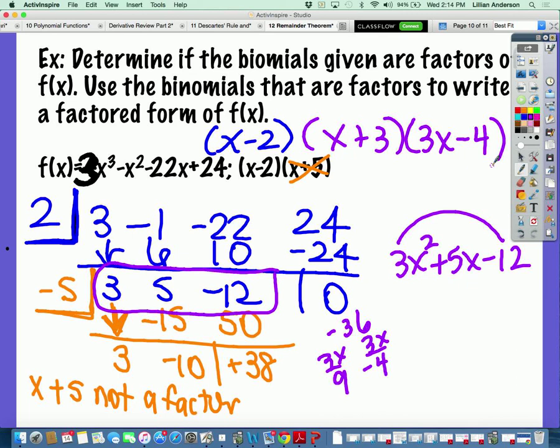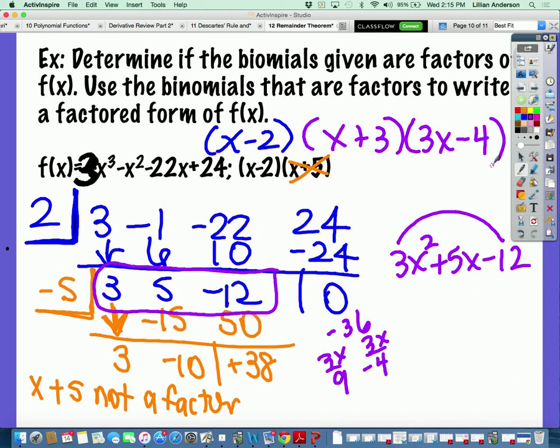What else do we discover or realize? If our remainder is 0, then not x minus c, but then the c is a 0.